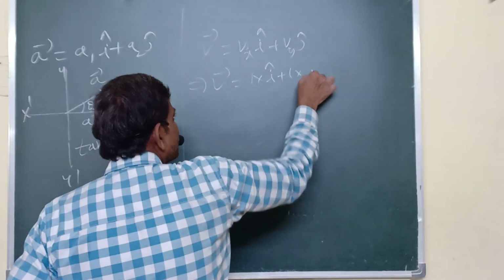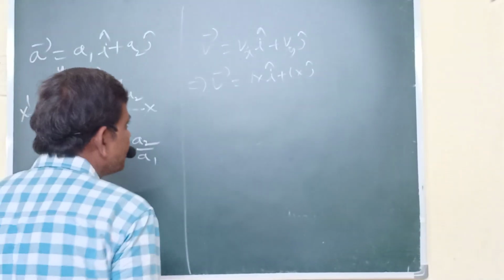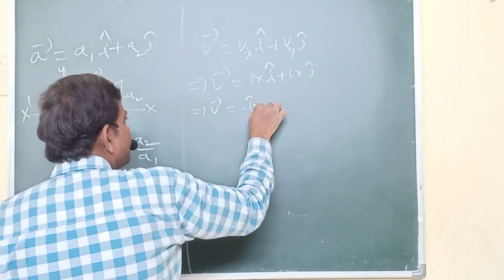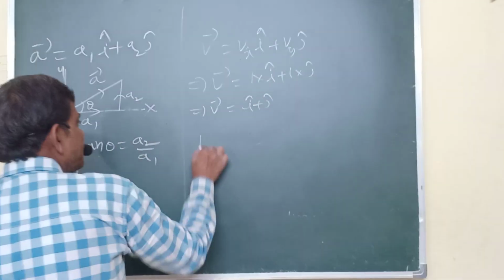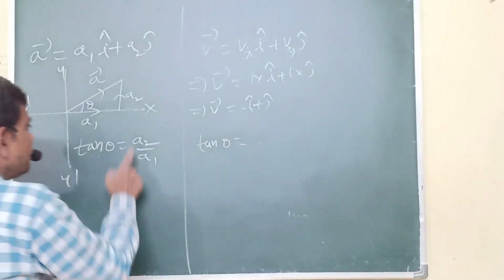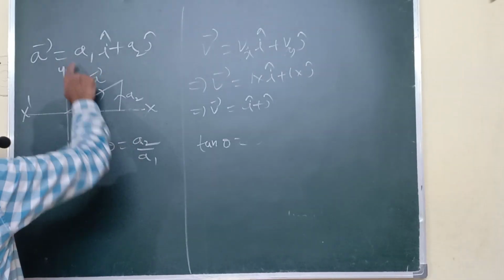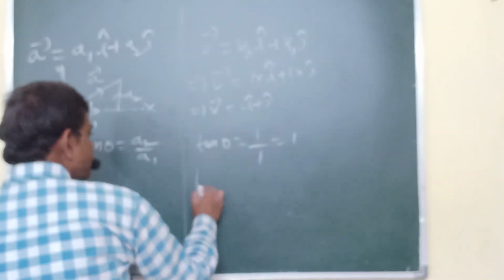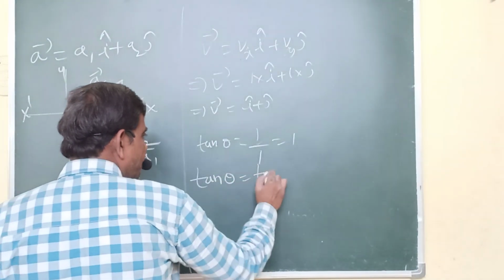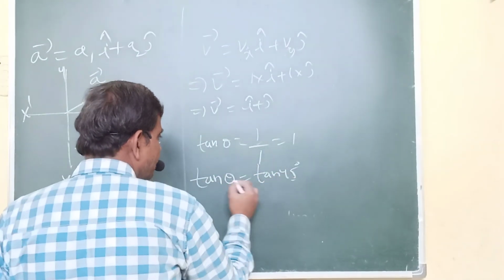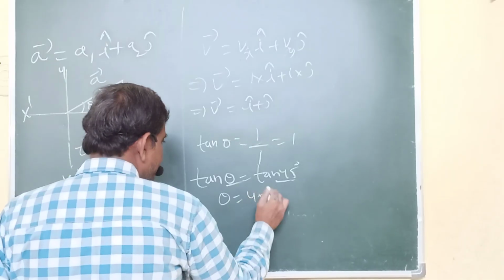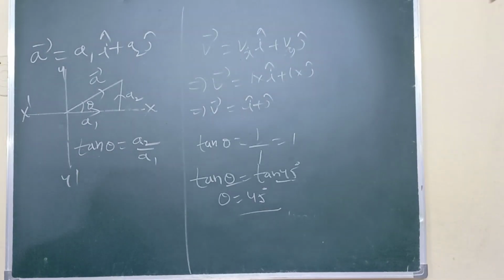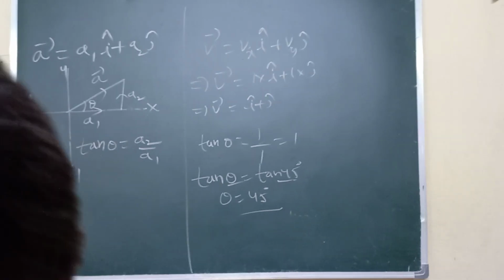Y direction also we got 1 only, at 1 second, not initial. Initial is 0. So what is my final velocity vector? i plus j. What is the form of tan theta? A2 by A1, j component by i component. J component is 1, i component is 1. I am getting 1. Now you write this as tan theta equals tan 45 degrees. Tan 45 value is 1. So theta equals 45 degrees. So you have given all ABCD options correct in this question. This is about this question.